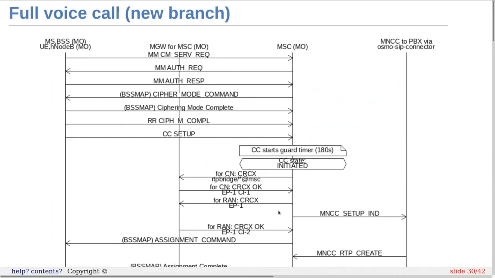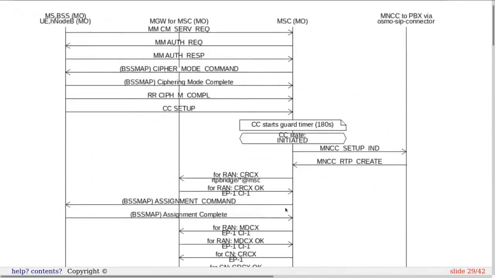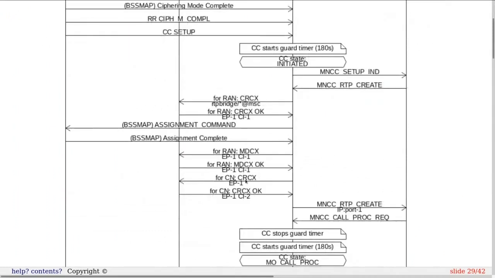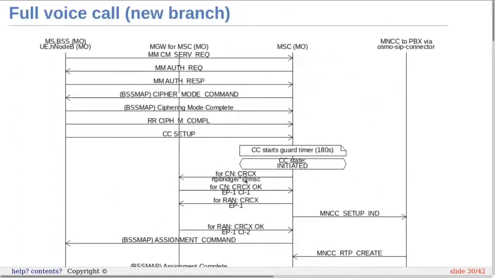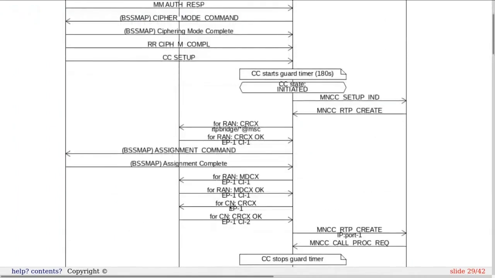And we also create the other side's endpoint a little bit sooner. It's even stronger: in the current master case, the core network CRCX is even down here. Just now I was pointing at the RAN one, which is not even the interesting one, but this is the interesting one, the core network CRCX. I move that all the way to the top, and now let's skip to the branch again.